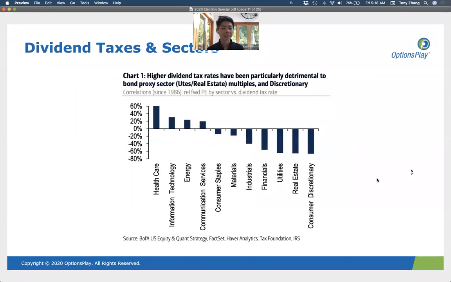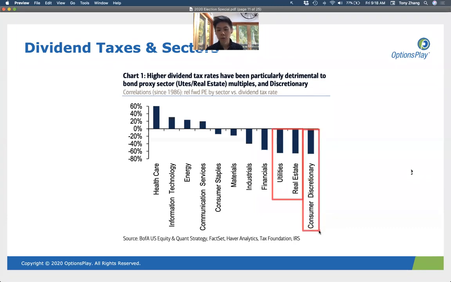When we look at dividend taxes, this is one where we do see some unique impact, if you will, from higher dividend taxes. And that predominantly is not a surprise, that you have the sectors that are more like bond proxies, like utilities and real estate, that will have the largest impact, a negative impact rather, from higher dividend taxes, which is something that the Democrats have spoken about.